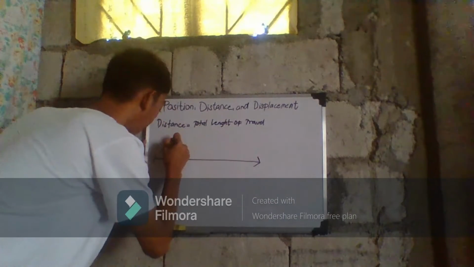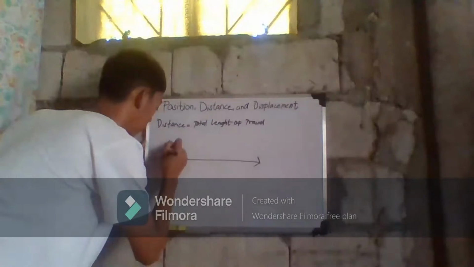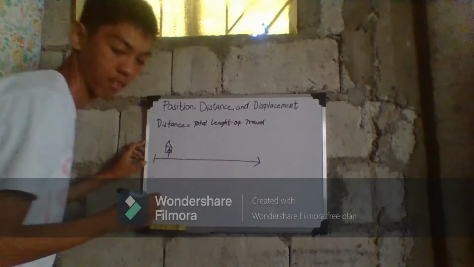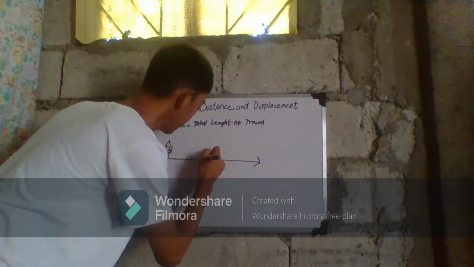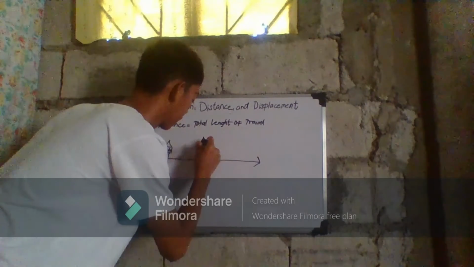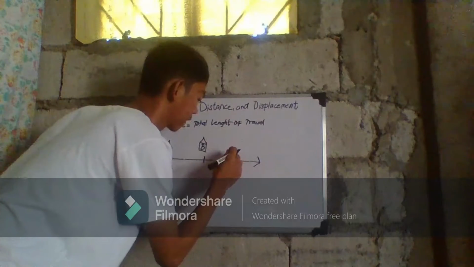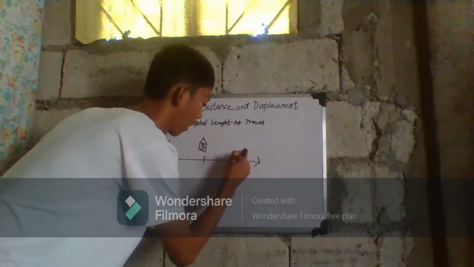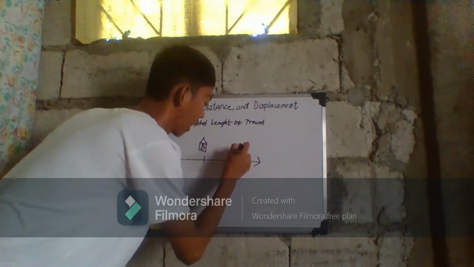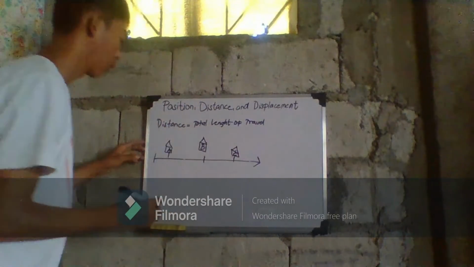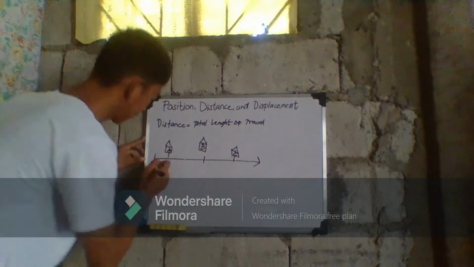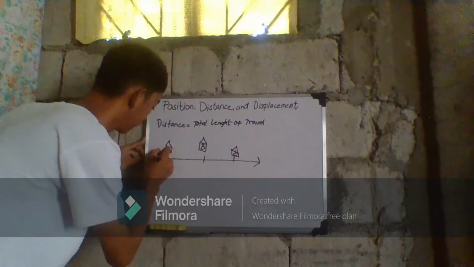This is house A, house B, and then house C. That is X equals 0.